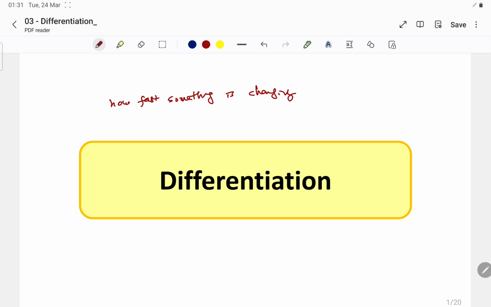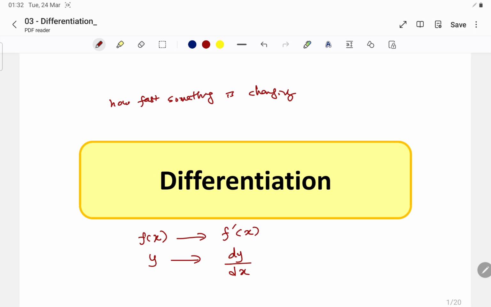So when we talk about differentiation, we are usually handling a function or an equation. An equation in mathematics we usually represent using f(x) or y, correct? If we want to differentiate a function or an equation, from f(x) it becomes f prime x, or from y we use dy/dx.